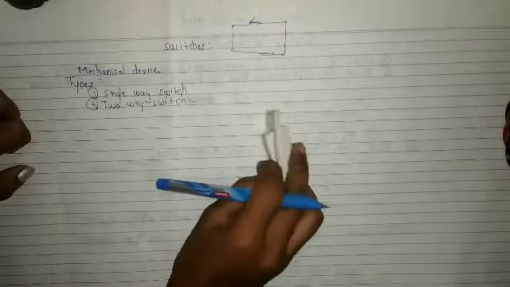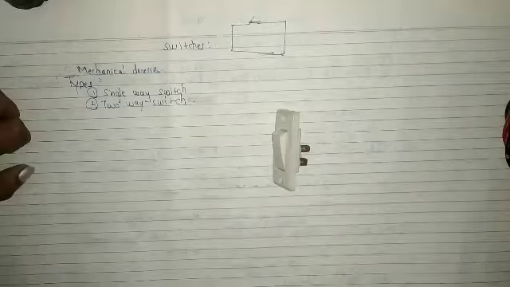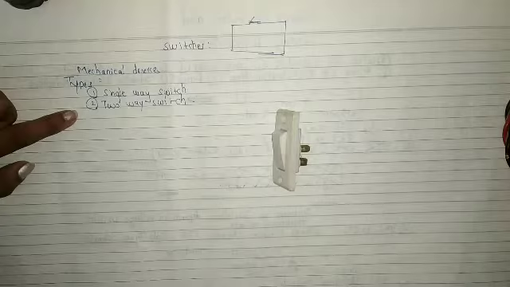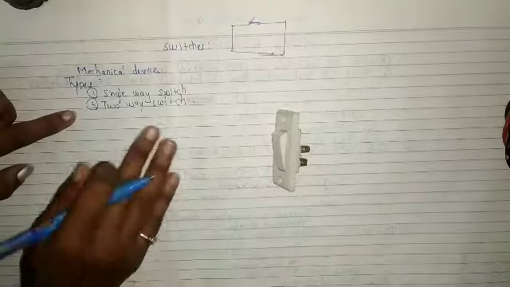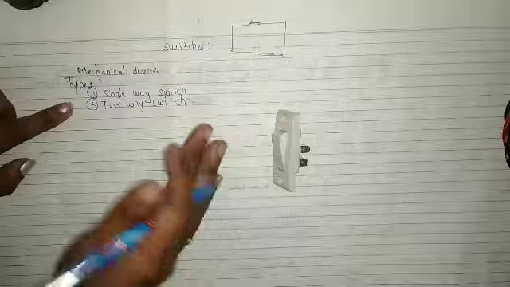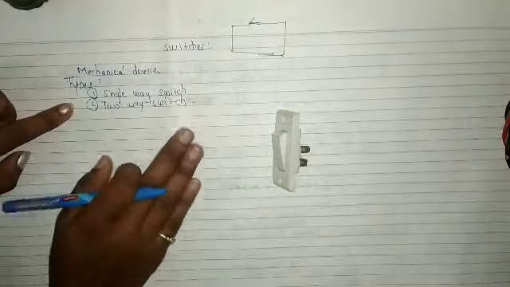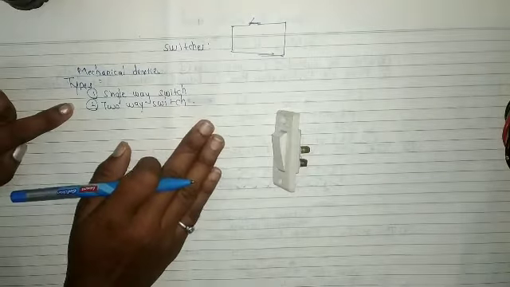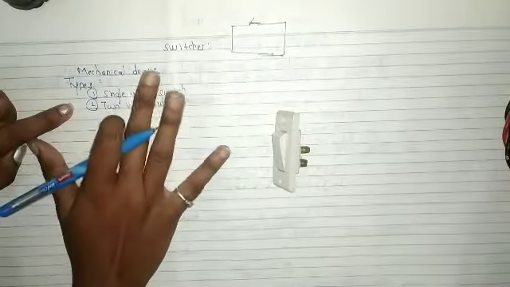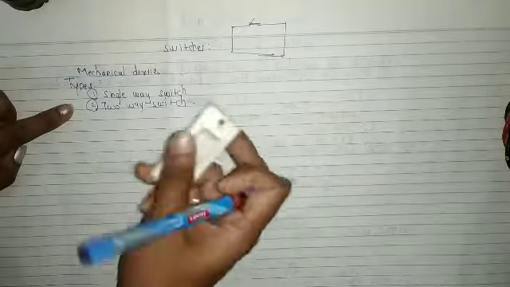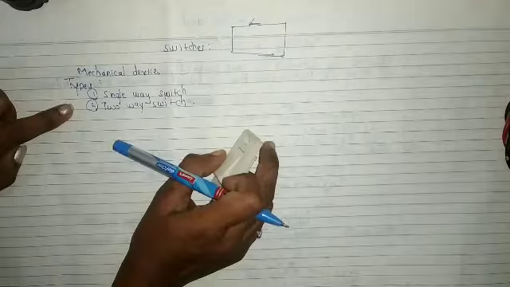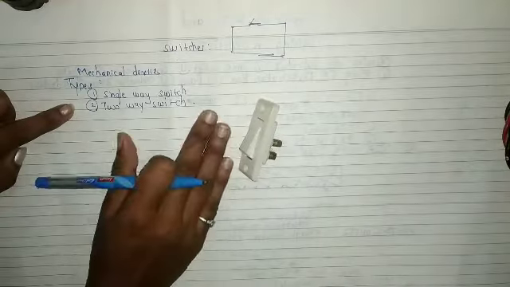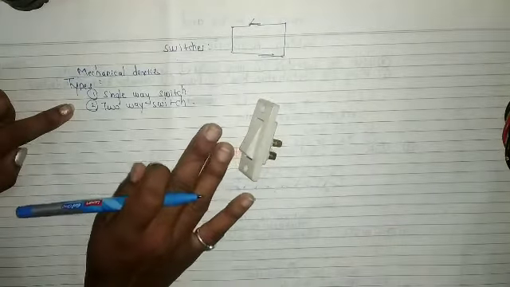So it is referred to as 5 ampere 250 volt single pole. Whenever more than 5 ampere current flows in our circuit, a heavy duty 15 ampere switch is used in power circuits.